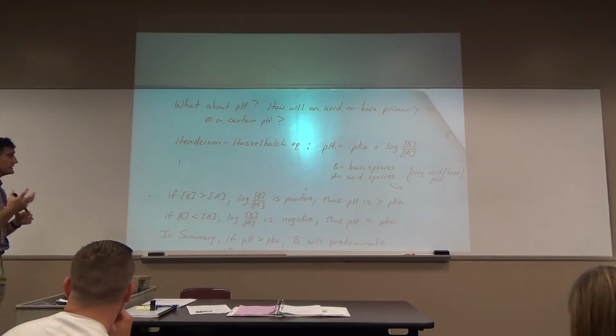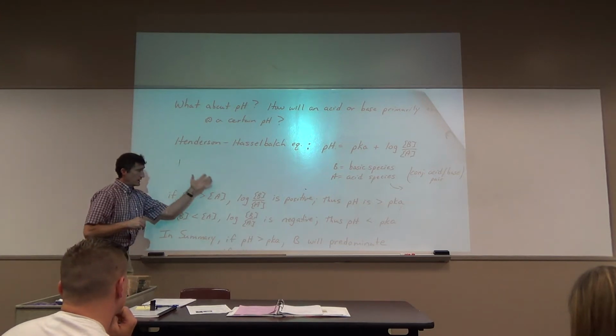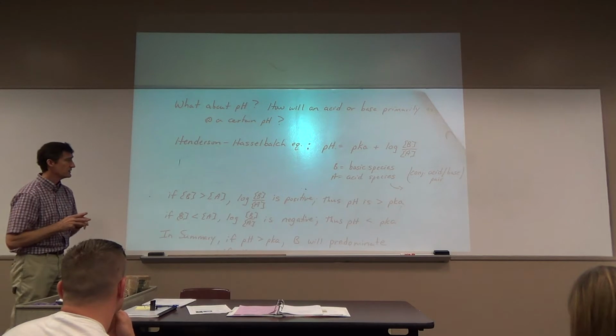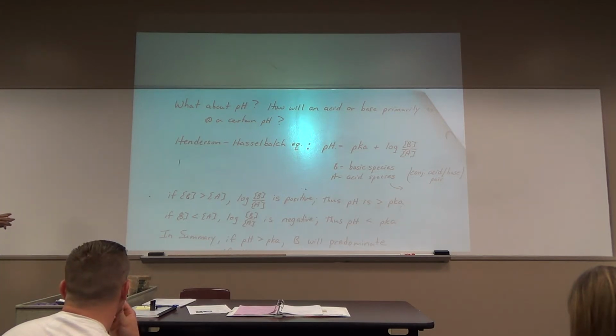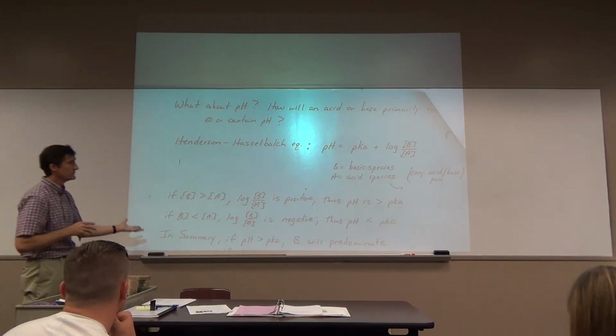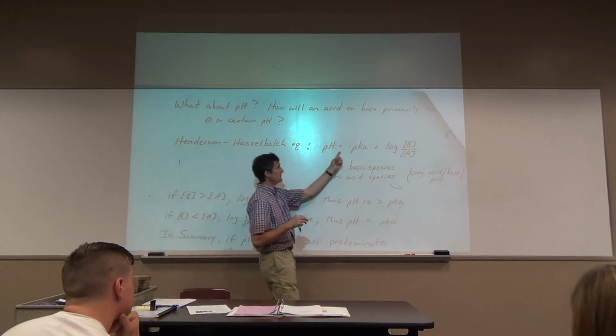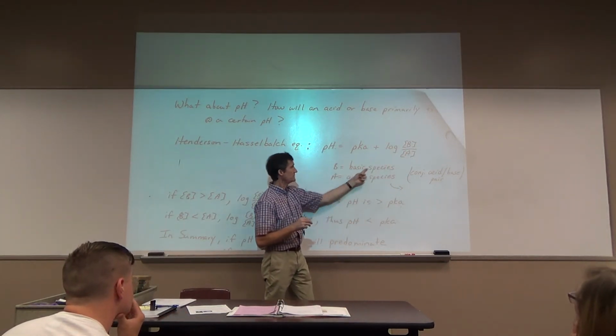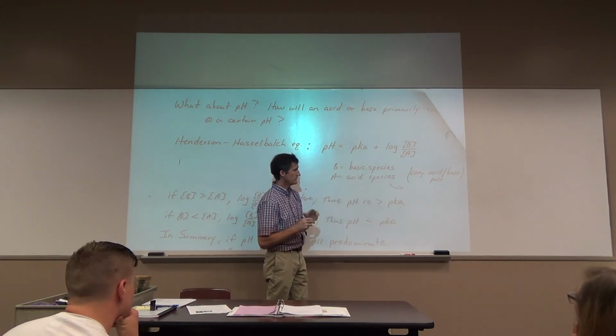Basically, we're going to bring pH into it. Now, Henderson-Hasselbalch is an equation that gets at this. In biochem, you used to derive this. I'm not going to derive it, I'm just going to give it to you. Basically, it says that pH equals pKa plus log of B over A, where B is the basic species and A is the acidic species.